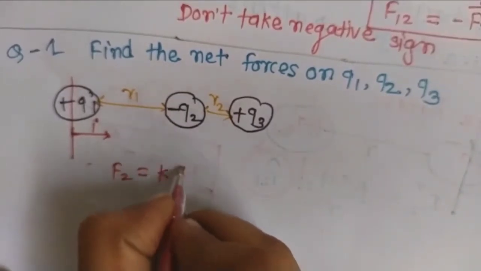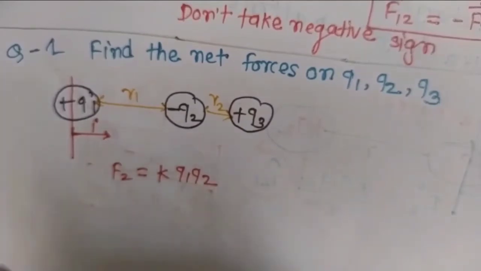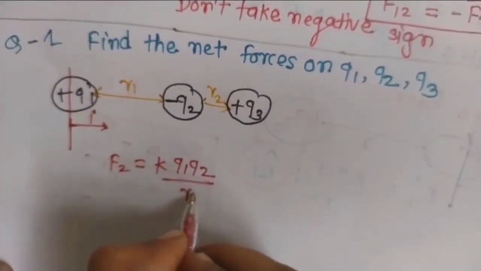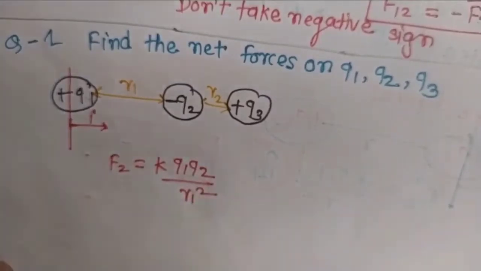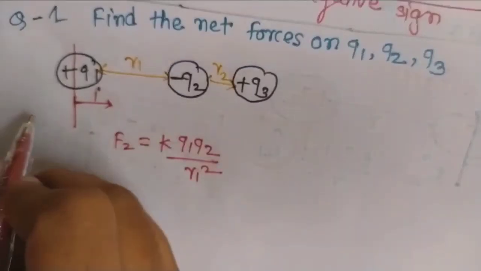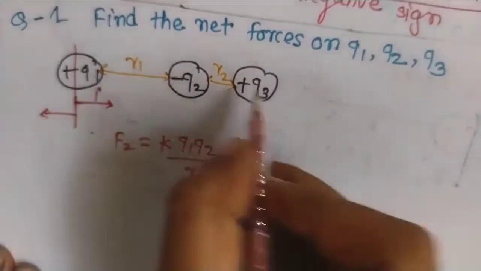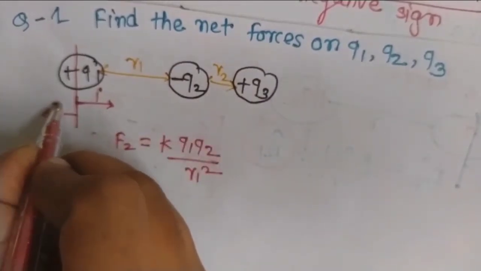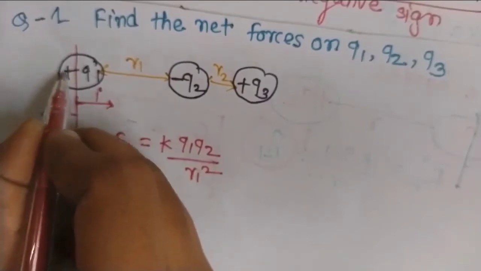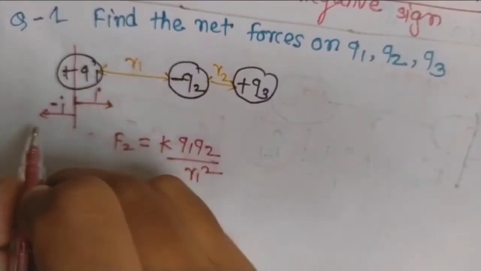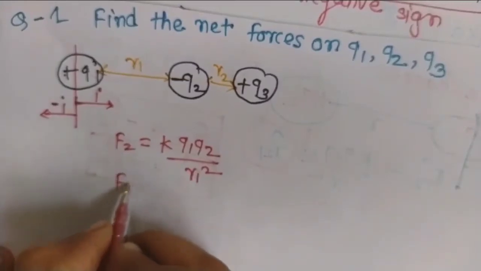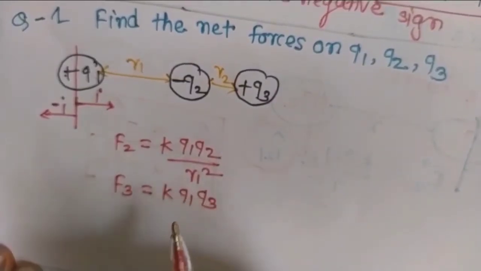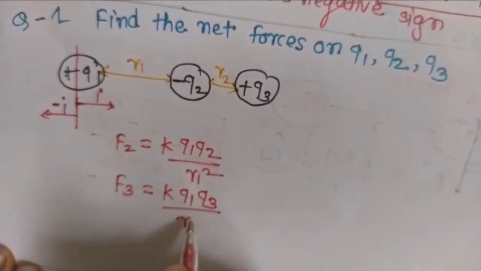That is F2 is equal to K Q1 Q2 upon R1 square, and the force on charge Q1 due to charge Q3: both charges are positive, therefore they repel each other, and the direction is away from the charge. That is F3 is K Q1 Q3 upon R square.